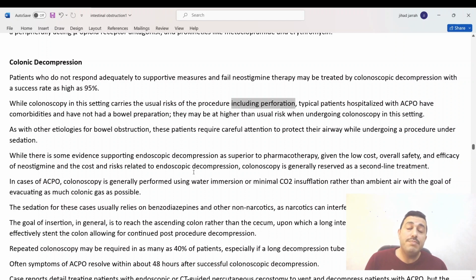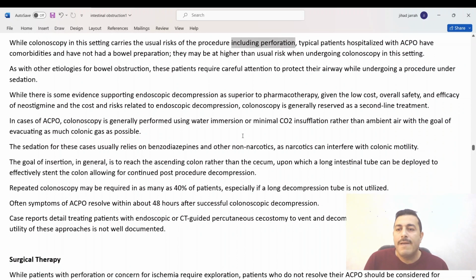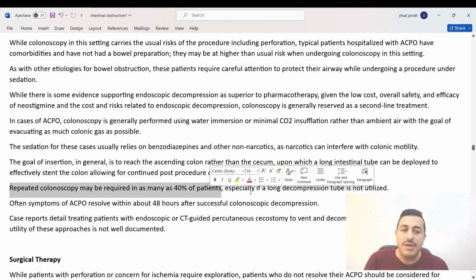especially since these patients are typically hospitalized with comorbidities and didn't have bowel preparation, so the risk for side effects is higher than in usual patients. Repeated colonoscopy can be done if it failed. Here you see repeated colonoscopy may be required in 40% of patients, with a high success rate.